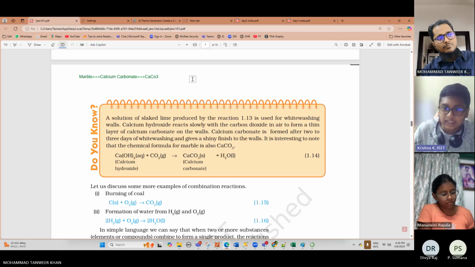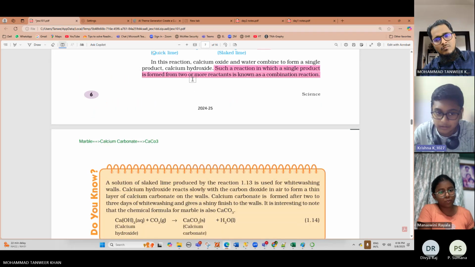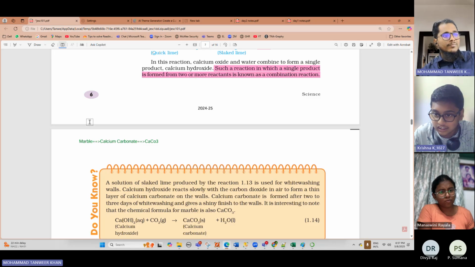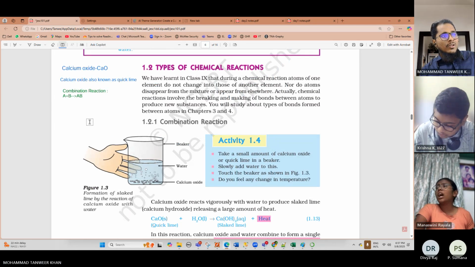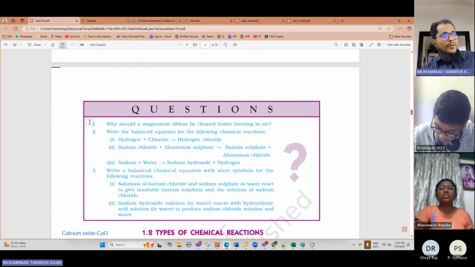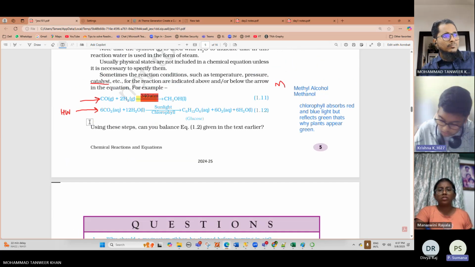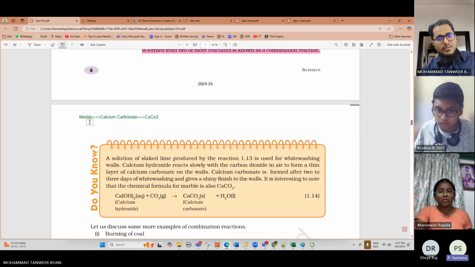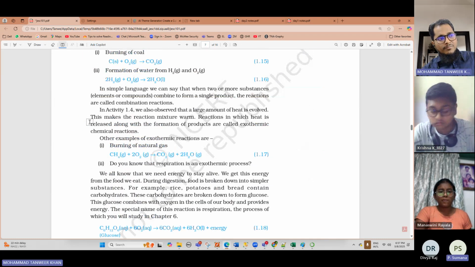Clear? Sir, even the eggshell is also made up of calcium carbonate, right, sir? Yes, the outer part of the egg. Correct. Even chalk powder is made of calcium carbonate. Right.